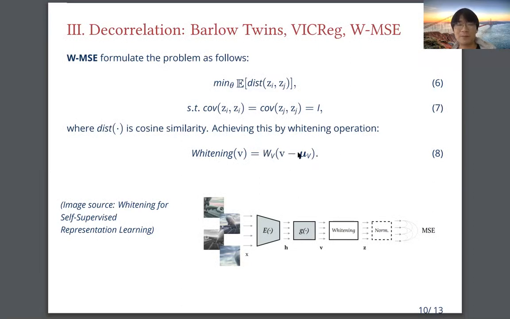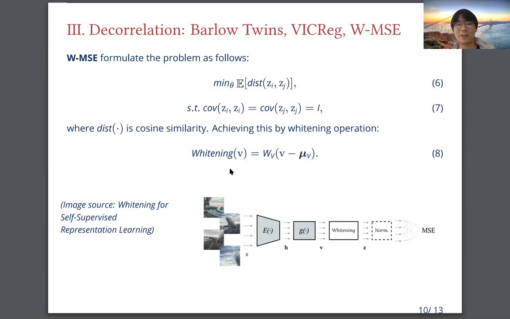Yeah, this. So the input, after we get the representation V, we subtract the mean value and multiply it with the matrix W_V to get the whitening effect.